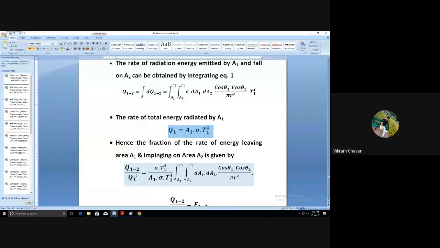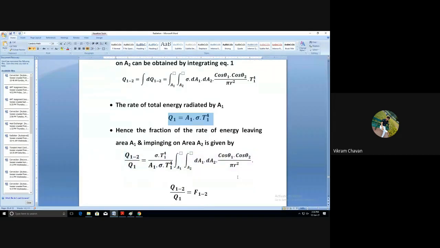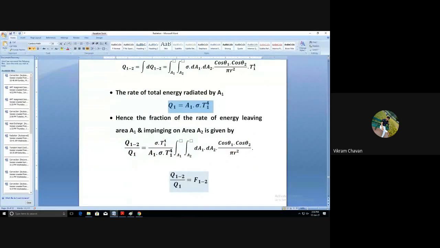So we will get q1 to 2 divided by q1 will be equal to sigma multiplied by t1 raised to 4 divided by a1 multiplied by sigma multiplied by t1 raised to 4, a double integration over the surface areas a1 and a2, inside the integration dA1 multiplied by dA2 multiplied by cos theta 1 multiplied by cos theta 2 divided by pi r square. Okay, now this particular ratio is denoted as f1 to 2. q1 to 2 divided by q1, this particular ratio is called f1 to 2.